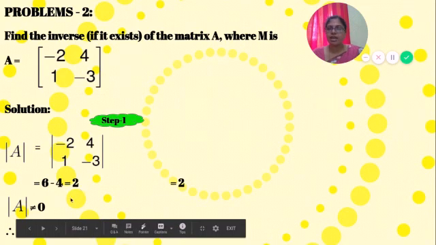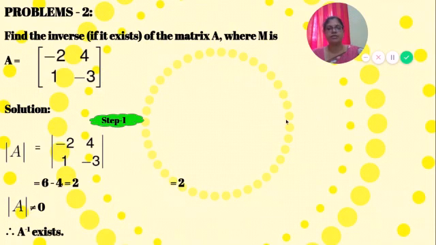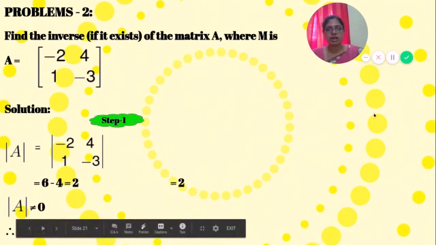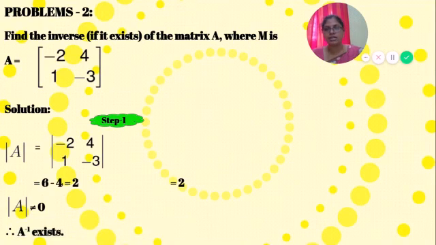So modulus of A is not equal to 0. So A inverse exists. This is the first step. To find the inverse, we first have to check that the inverse exists. In this sum, the inverse exists because modulus of A is not equal to 0, that is, the matrix A is non-singular.